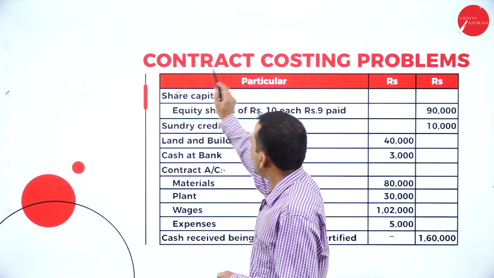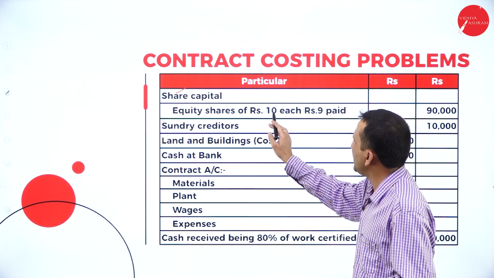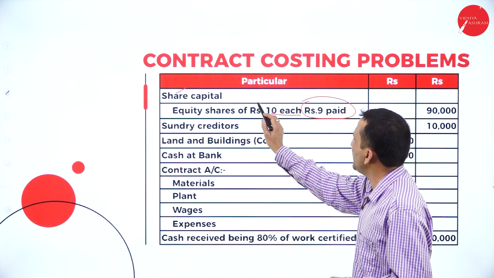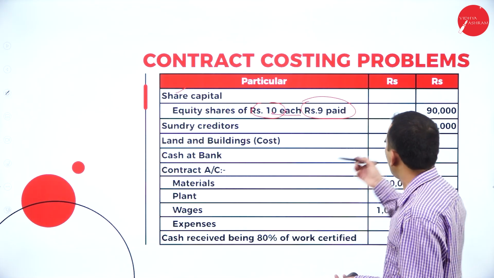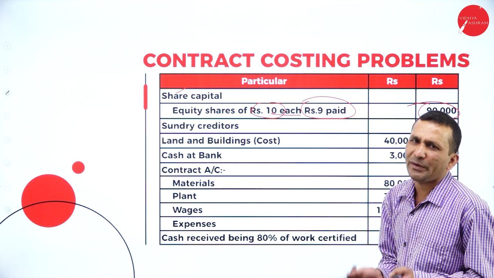The authorized capital, we know each share is 10 rupees, the amount actually paid is 9. 10 rupees is the face value, 9 is paid. So if you multiply the number of shares directly, the information given is 90,000.